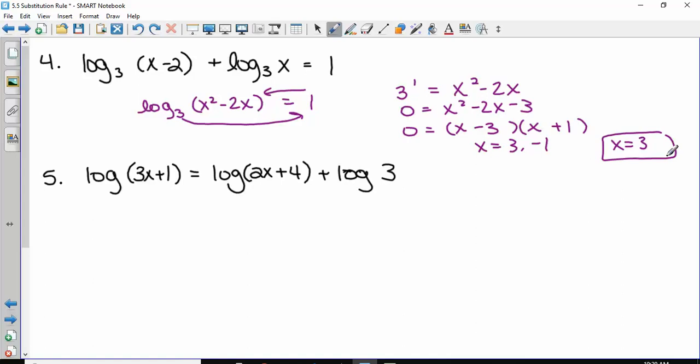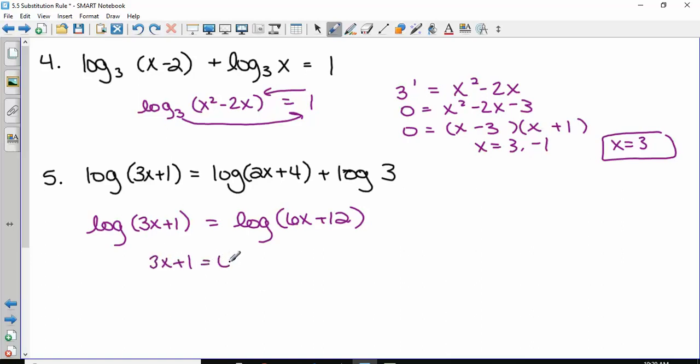Number 5, what do we need to do? Distribute the 3. Since these things are added, you multiply. So 3 times 2x plus 4, 6x plus 12. Then we have one log on each side. And just drop them.